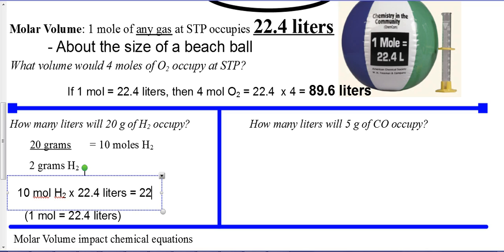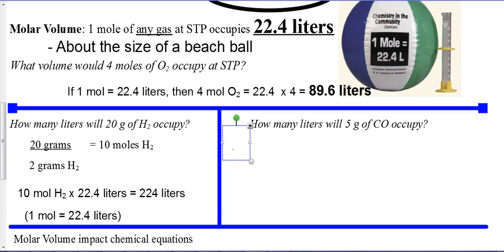Let's try another one. How many liters will 5 grams of carbon monoxide occupy? Well, I know that 5 grams of carbon monoxide, right, is what the moles of carbon monoxide is. So what I do is I figure out what is the molar mass of carbon.